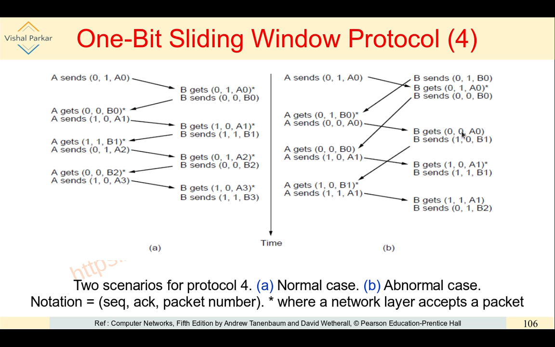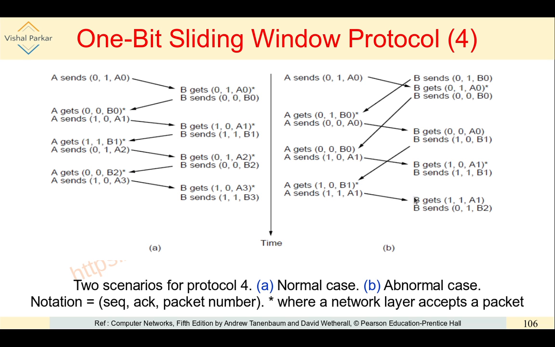Whereas the only thing is that it has got the acknowledgement for the frame which was sent here. And that's why B now goes to the network layer, accepts a new packet and forms a new frame out of it, gives a new sequence number, acknowledges the previously received frame with 0, and a new packet as B1 is contained into the frame, and it is now sent.